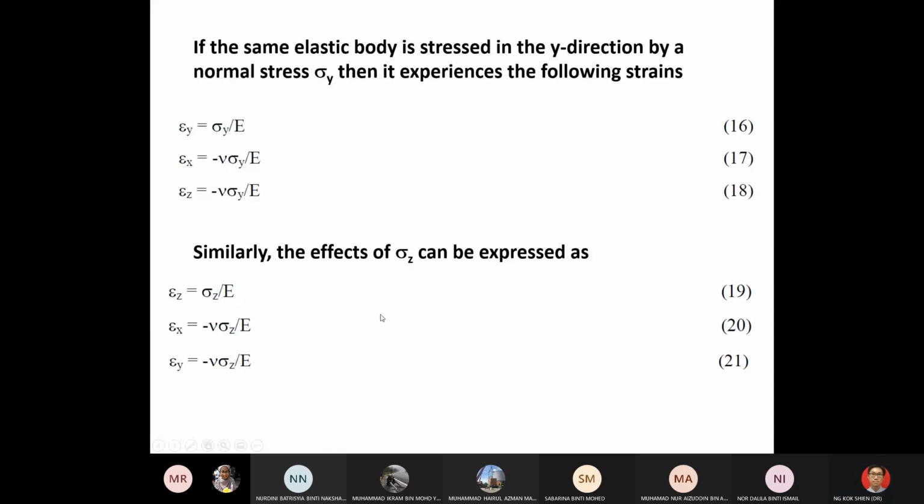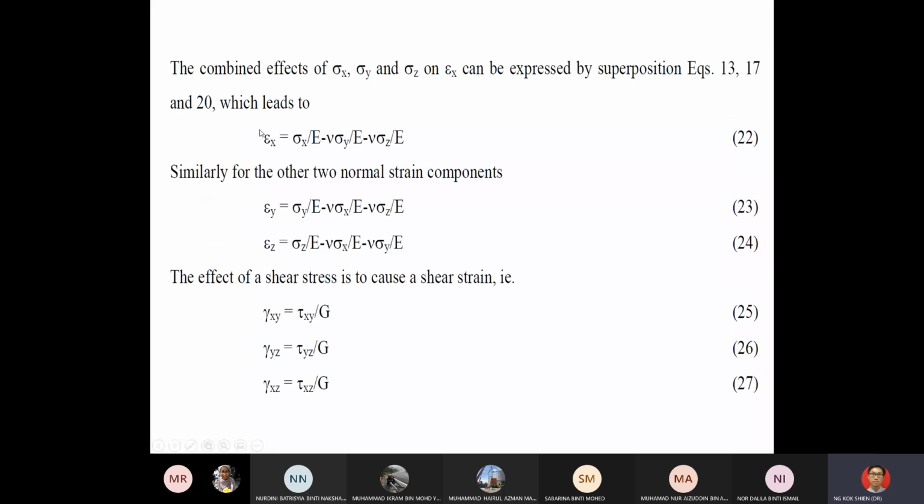All these strains we can combine together. So epsilon x is the summation of all these contributions, so if you have sigma x, sigma y, and sigma z, you will know the combined effect of all these stresses.